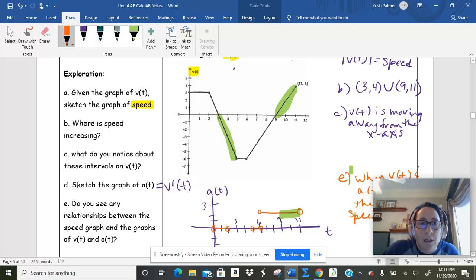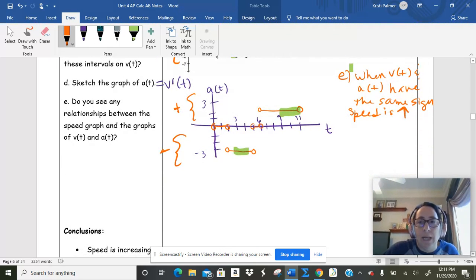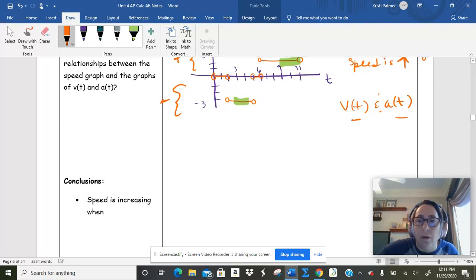So if we notice, up here the sign is positive, down here is negative. Up here is positive, down here is negative. So basically, what we're saying is if V of t and A of t are both negative or both positive, that is when speed is increasing.